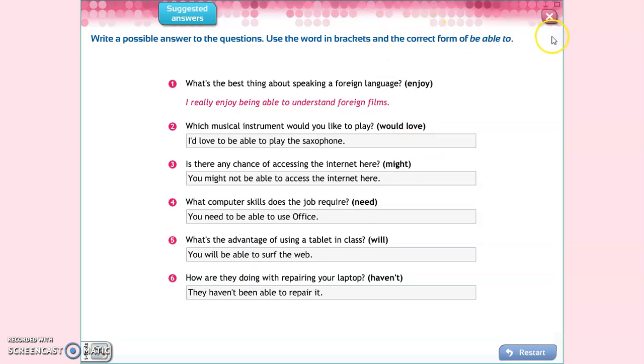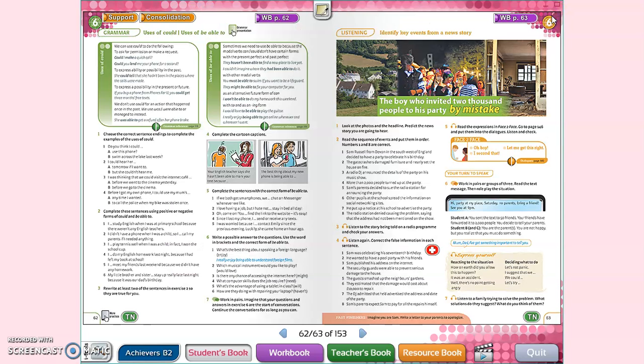Okay, so let's go back to our main page. So as you can see, today we have been able to study the difference between could and be able to. What is the difference? Well, could is more limited than be able to.